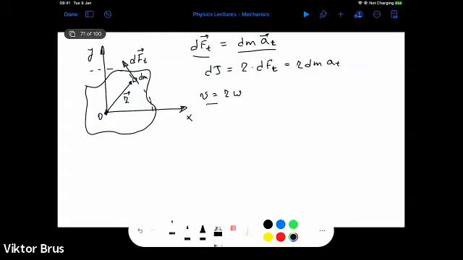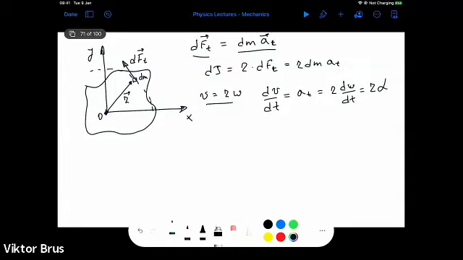So from here, if we take a derivative, we will get dv over dt, which is equal to at, the tangential acceleration, and this is equal to r, since it's constant for this circular motion which we consider now, times d omega dt. And this d omega dt is nothing else but angular acceleration, which we denote as alpha.